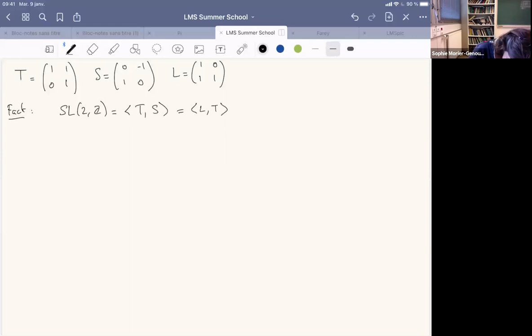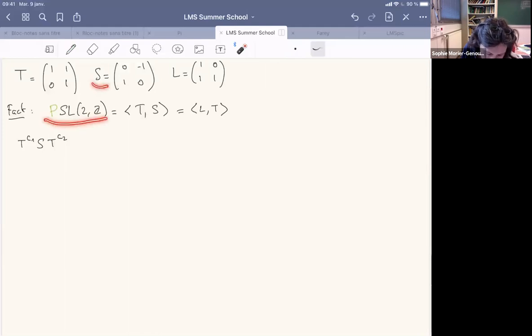What happens is that if I compute this product, sometimes to make things easier, to be on the safe side, I should use PSL2, meaning that I'm working up to a sign. It's very nice to work up to a sign, so you don't make sign errors. For instance, S squared is minus identity, but in this group it becomes identity.